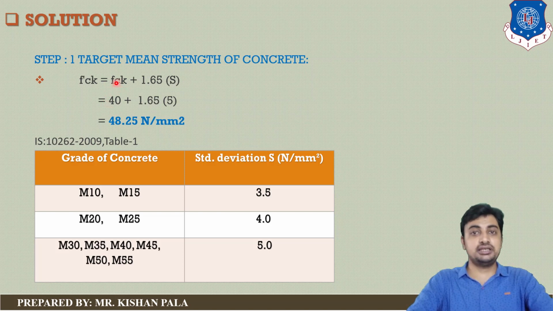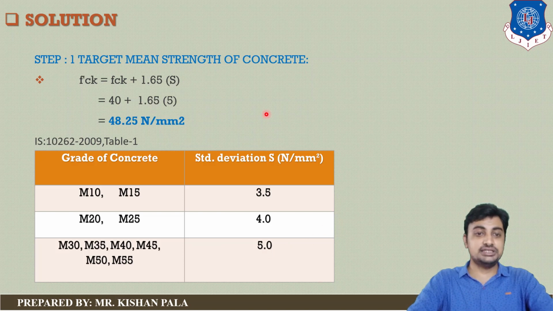It means f_ck value will be 40, and the S value, the standard deviation, we can easily take from this table, which depends on the grade of the concrete. Here we are doing mix design for M40 grade, so we take the standard deviation as 5.0.